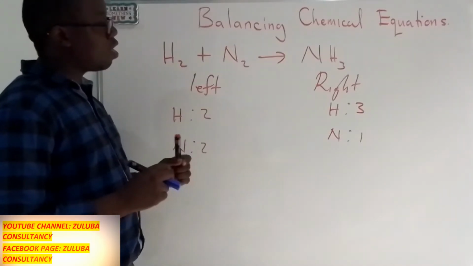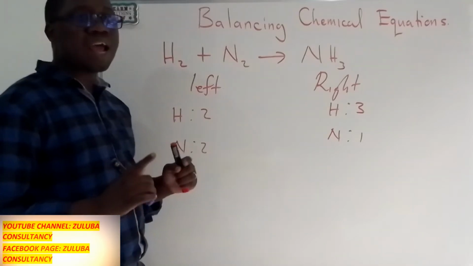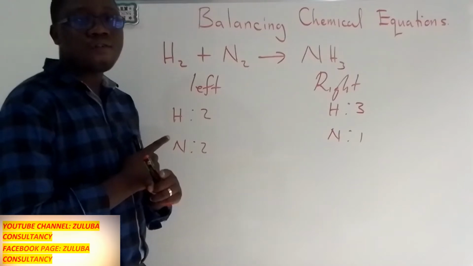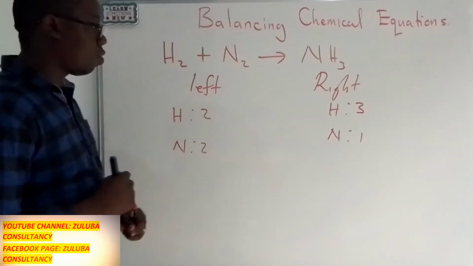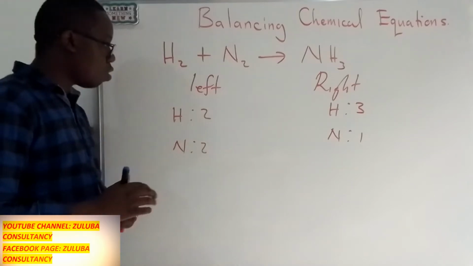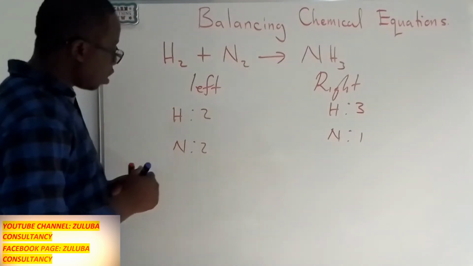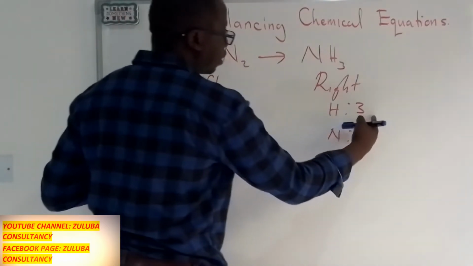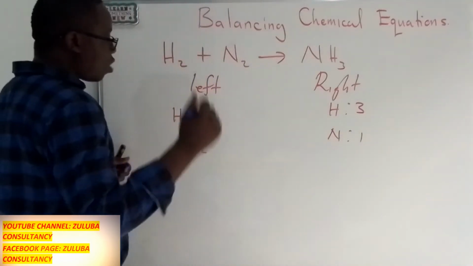Well, the first thing you can do is to try to swap the even and odd numbers. What do we mean? When you look at hydrogen, we have 2 here and 3 here. So try to swap.